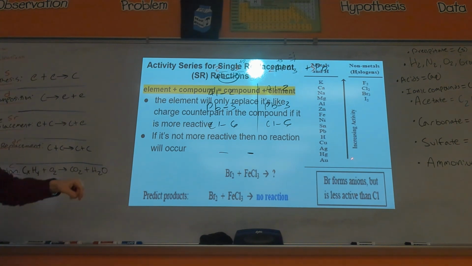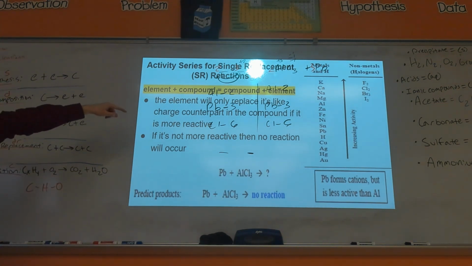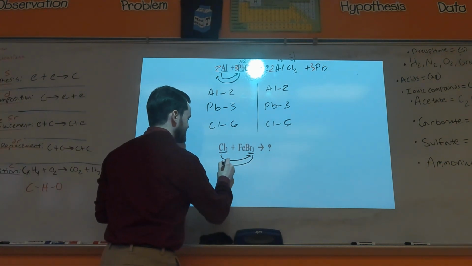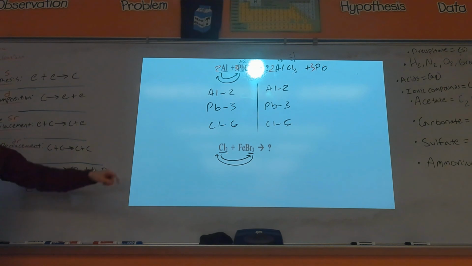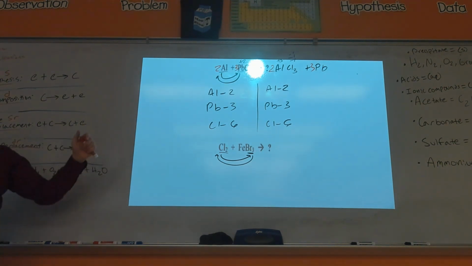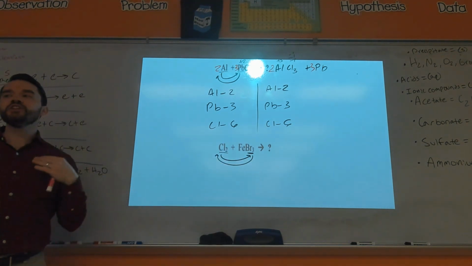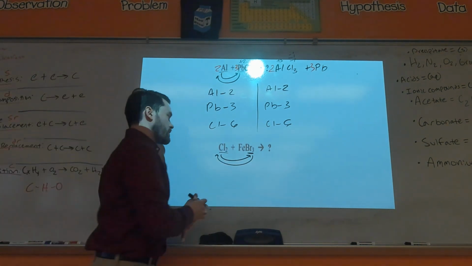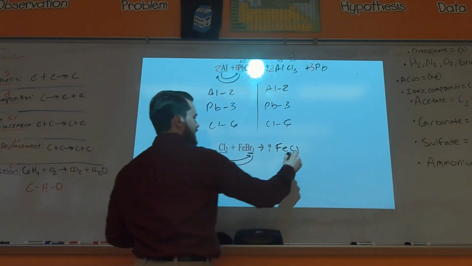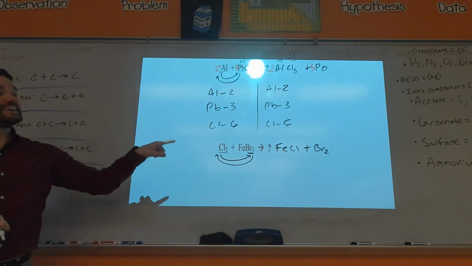So come back here, you see that chlorine is higher up on the list than bromine, so that means iron's like, oh hey, how you doing, right? And it's going to swap out with bromine. Okay? If it was the opposite, right? If this was bromine, that was chlorine, there'd be no reaction. So for your products, you would get Fe paired with Cl, and then you're going to get Br by itself. Remember, bromine is diatomic.